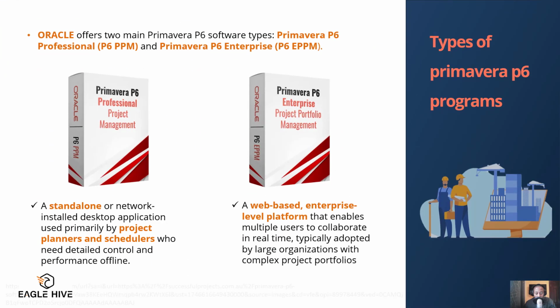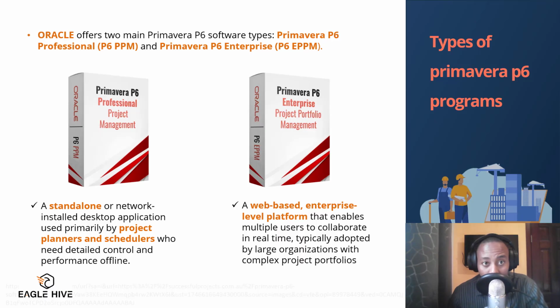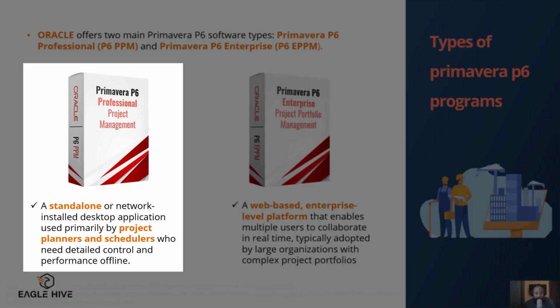Once you have understood the structure, it's important to understand that there are 2 main types of Primavera P6. This is the Primavera Professional, also called P6 PPM, or the Primavera Enterprise, also known as P6 EPPM. For myself, I'm a certified Primavera P6 Enterprise EPPM, which is the highest level. But what is the PPM?